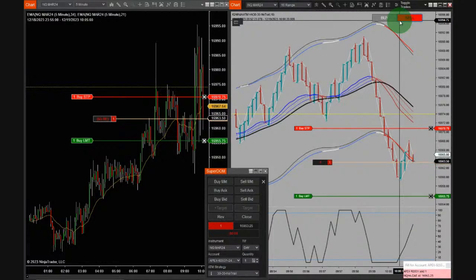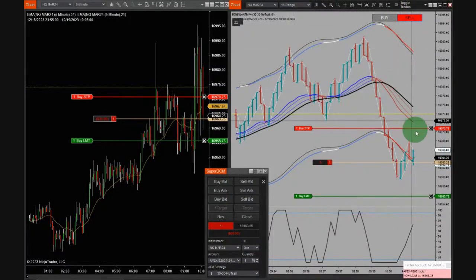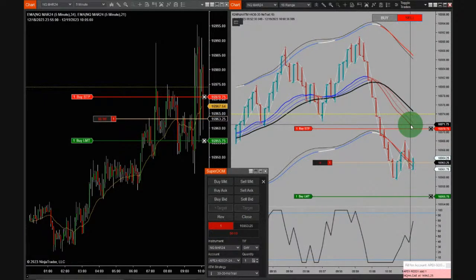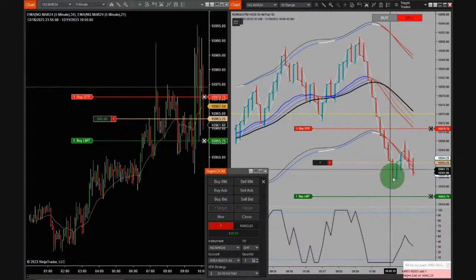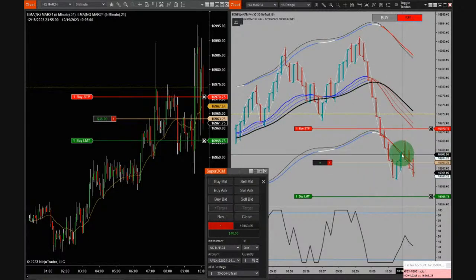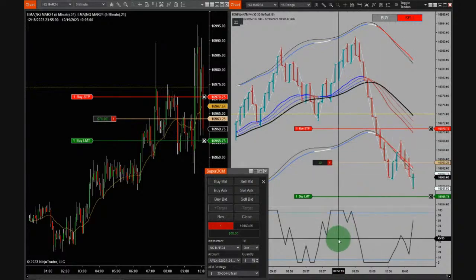Order filled. Now, normally I would wait for a pullback to the ribbon. This is just a very strong move. I don't think it's done. So I went ahead and basically took any legit pullback.